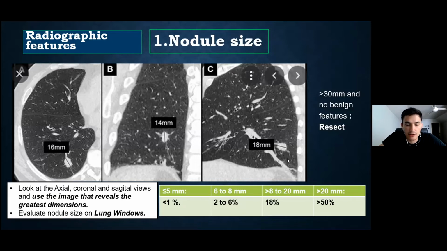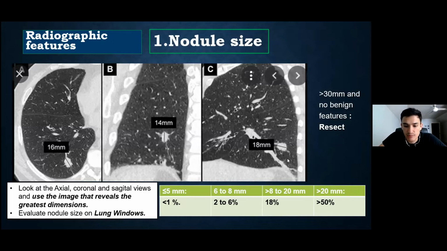When evaluating nodule size, it's important to review these three views and to use the view that has the longest axis as reference. It's important to evaluate the nodule on lung windows.